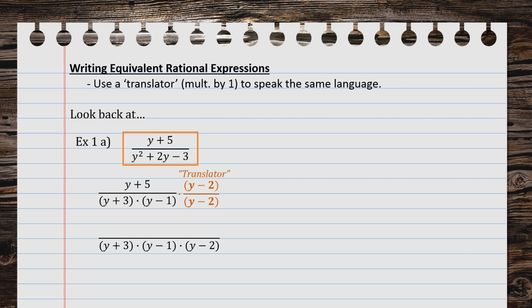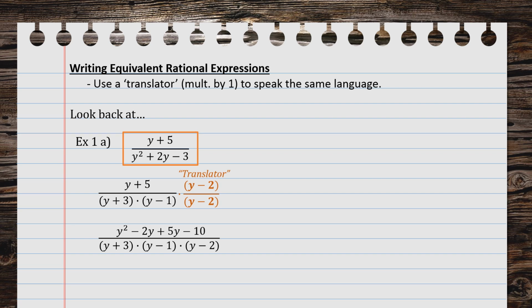So in the bottom, we now have the common denominator, but in the top, we have the binomial y plus 5 times y minus 2. And when you multiply those two, you will find y squared minus 2y plus 5y minus 10. So I did multiply the two top binomials.